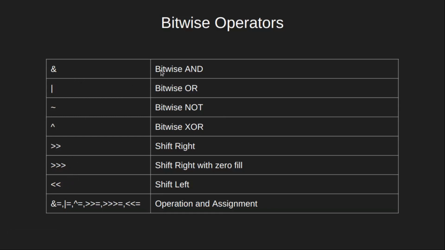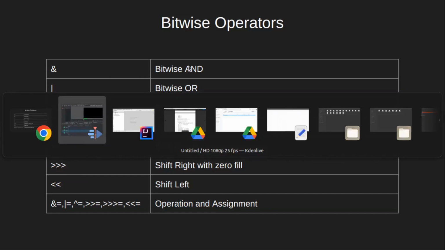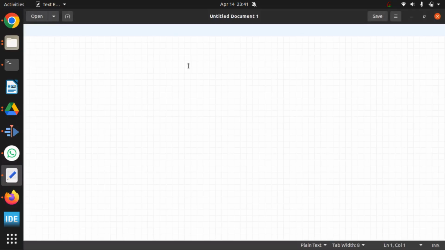Now let me take the bitwise AND as an example. If I'm performing an AND operation between the numbers, let's say, 8 and 9, what we are trying to do is take the binary of 8, 01000, and the binary of 9, 01001, and then perform the AND operation.